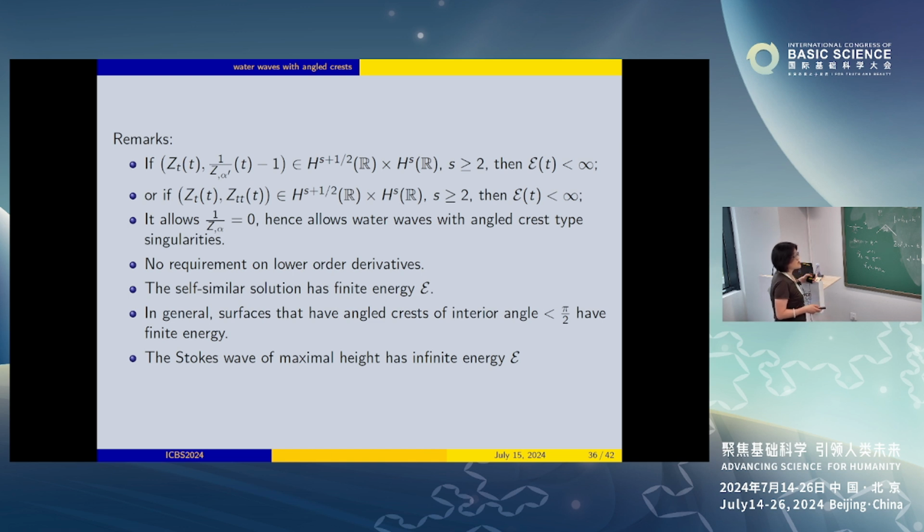And in general, surfaces that have an interior crest of no more than pi over 2 have finite energy. But the Stokes wave of maximum height has an angle more than pi over 2, right? So what's that angle? 60 degrees? No, what? 2 over 3 pi, okay. Anyway, that has infinite energy.